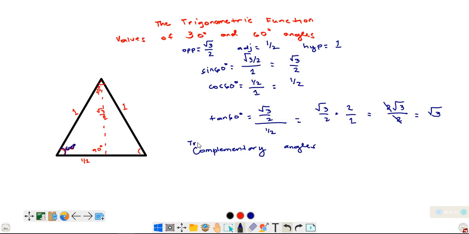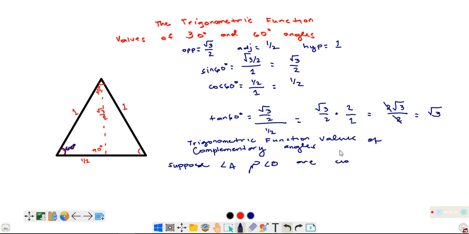So, what are the trigonometric function values of complementary angles? Suppose A and B, the two angles, A and B are complementary.